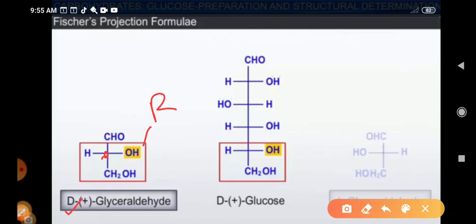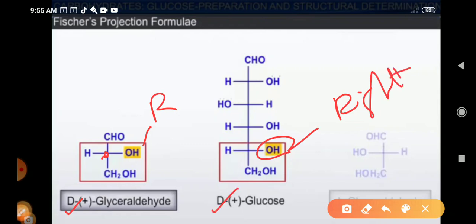And here also OH is on the right side, therefore it is called D form. So there are two configurations: on the basis of the presence of OH group on the right side, it is called D, and if OH is present on the left side, then it is called L.